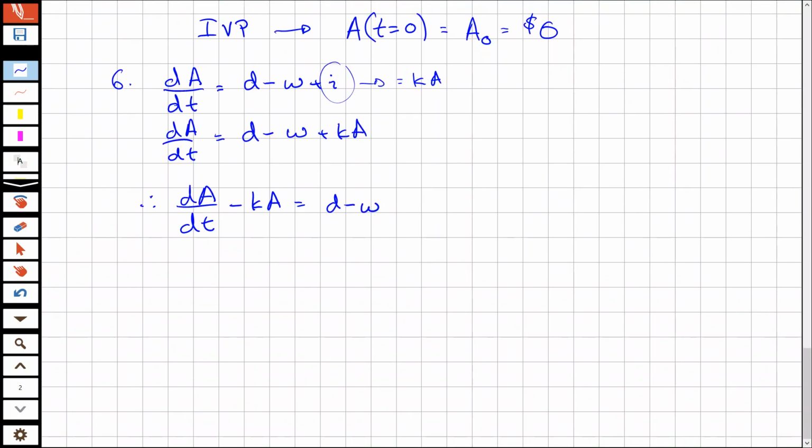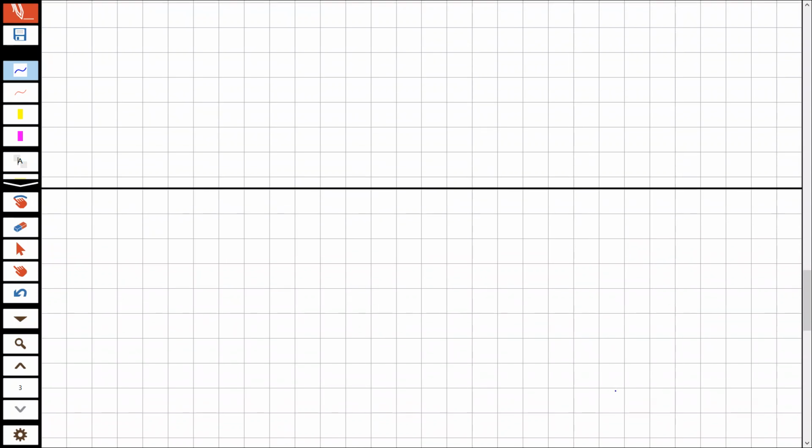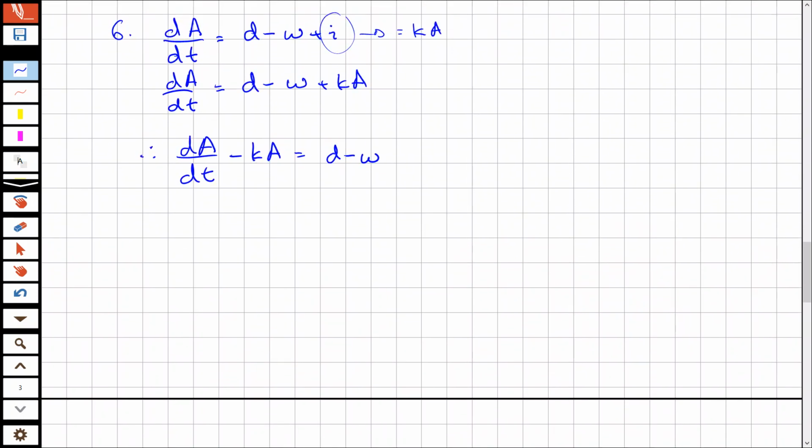Okay, now this is starting to look like some of the problems that we've already looked at. It is a first order differential equation, and again this is what's changing, because this is our derivative, right? And all of this is why it is changing.